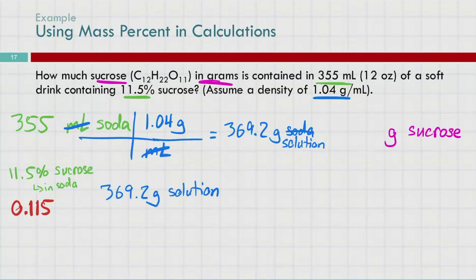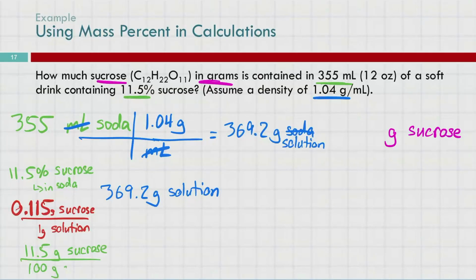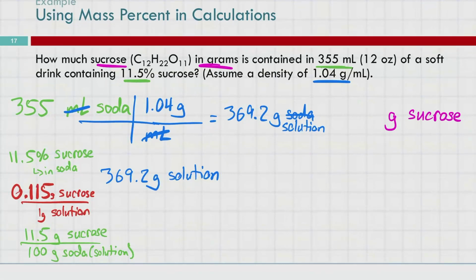So that's the same as 0.115 grams sucrose per 1 gram solution. The units here would be grams. This would also be the same as writing 11.5 grams sucrose per 100 grams soda, which is our solution. These are equivalent.